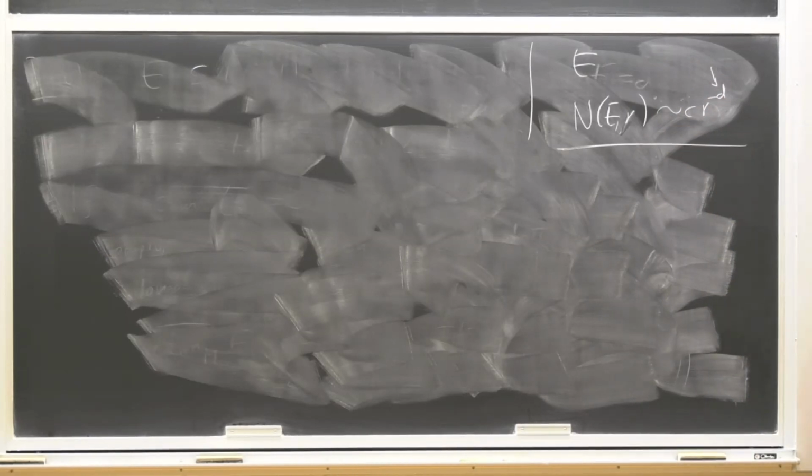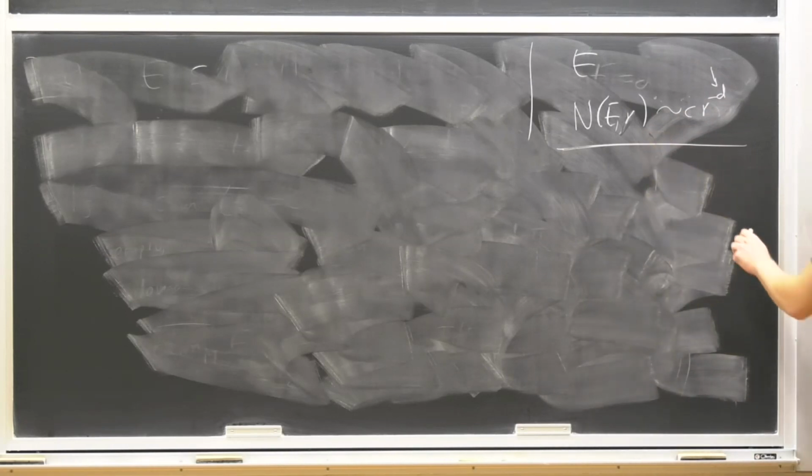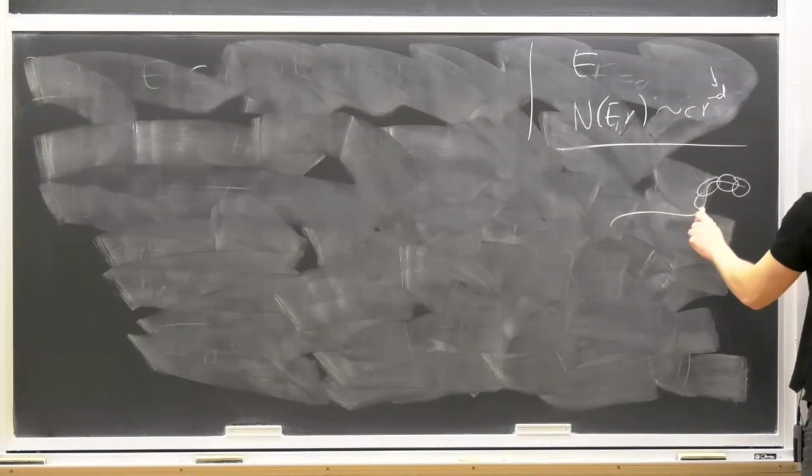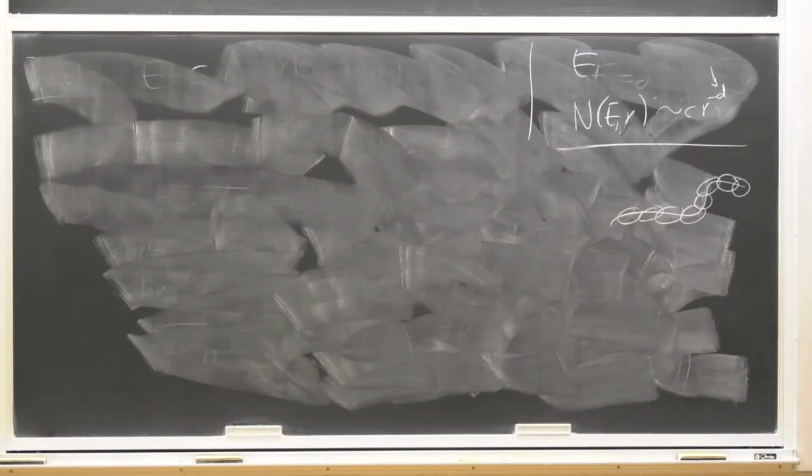But in this kind of picture, you can choose whatever balls you like, right? There are no boxes you have to use. So if you have a set like this, then you can take these kind of balls to cover it. And so now what I need is a little bit more control over what kind of boxes you're allowed to take. But this will not change the Minkowski dimension.